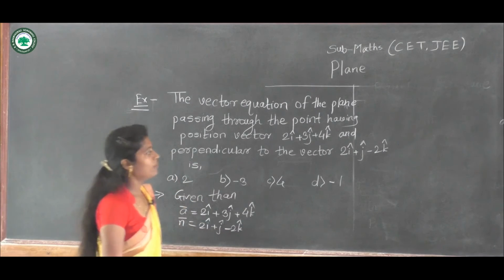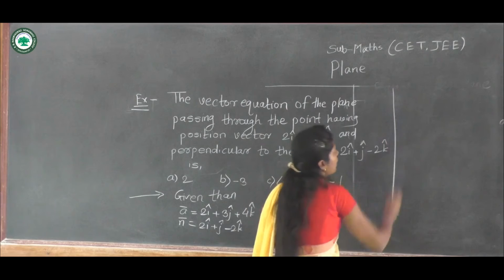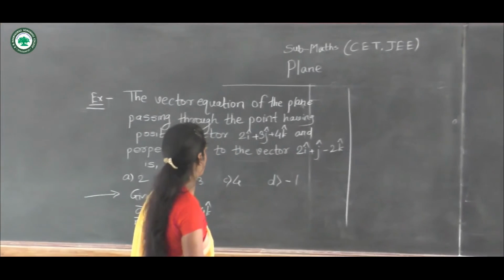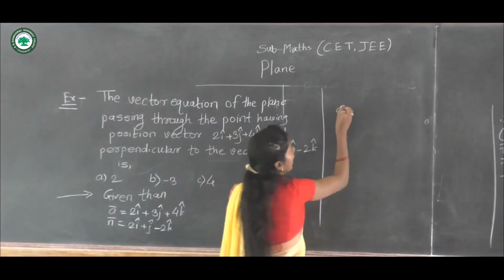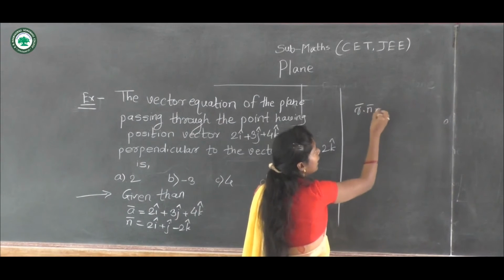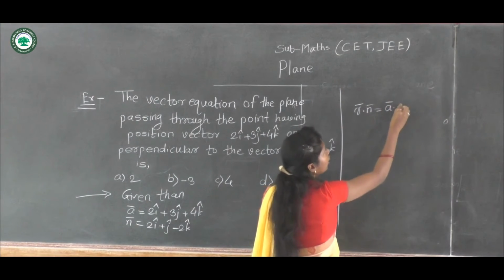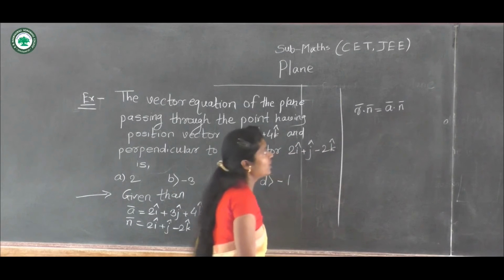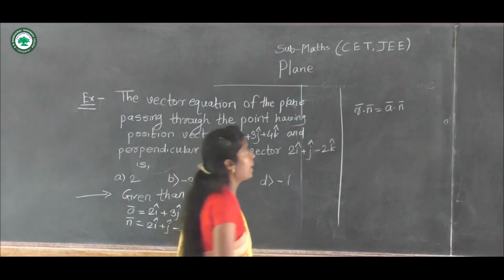And we know the formula to find the equation of plane: r bar dot n bar is equal to a bar dot n bar. Put the value of n bar and a bar.